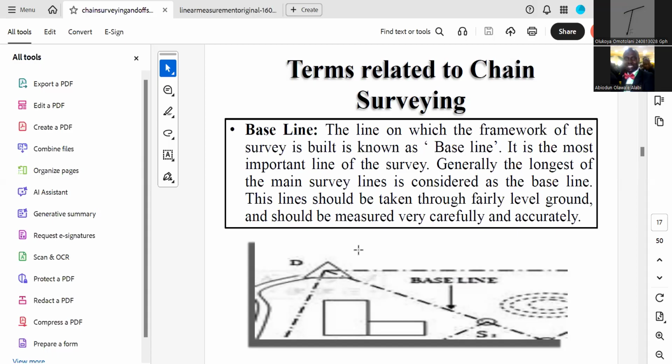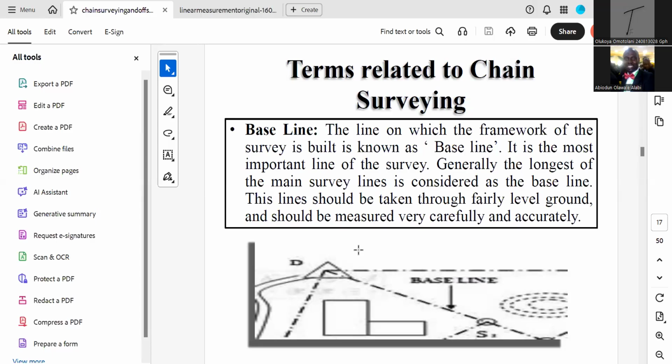This line should be taken through fairly level ground. So when you are determining this baseline, it must pass through fairly level ground. Don't forget, part of the condition for you to deploy chain surveying is that the area should be what? Relatively flat, or comparatively flat ground.